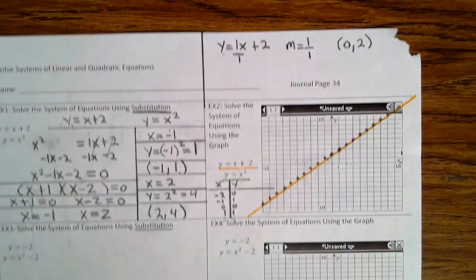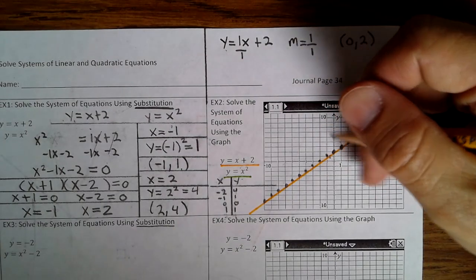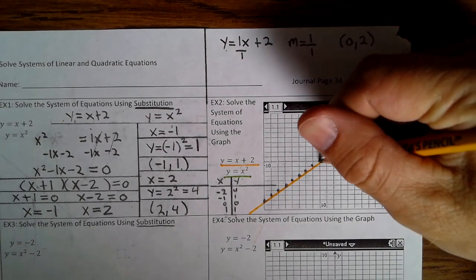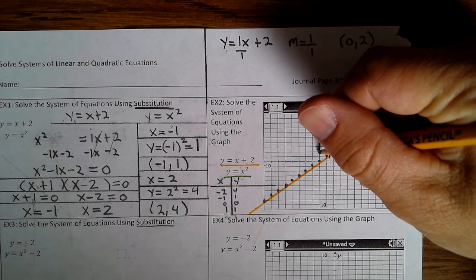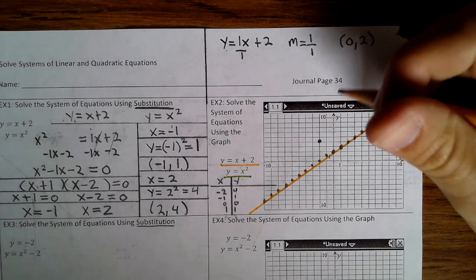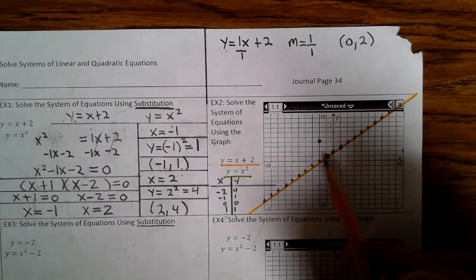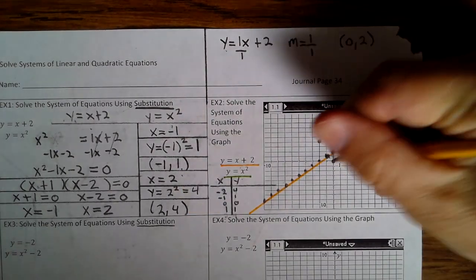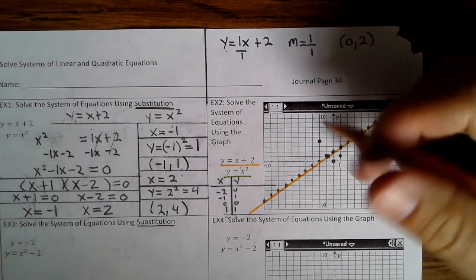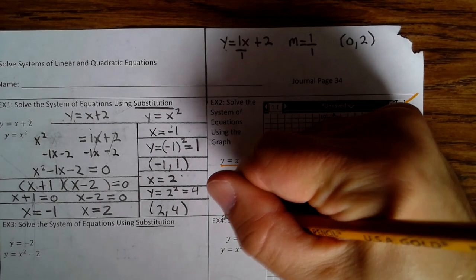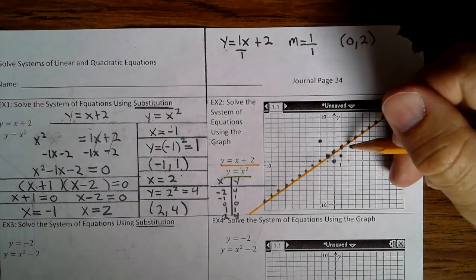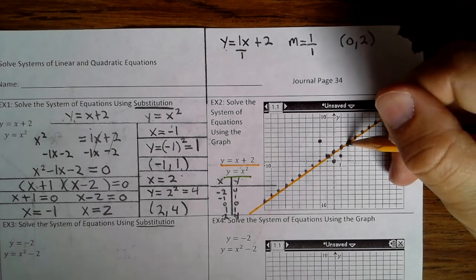Okay? So our points are -2, up 1, 2, 3, 4. Okay? -1, 1. Oh, look, there's one of our solutions because they intersect. 0, 0, 1, 1, and 2, 4. So 2, 1, 2, 3, 4. Oh, look, there's our other solution because they intersect.